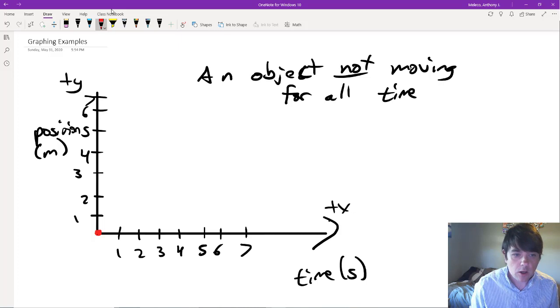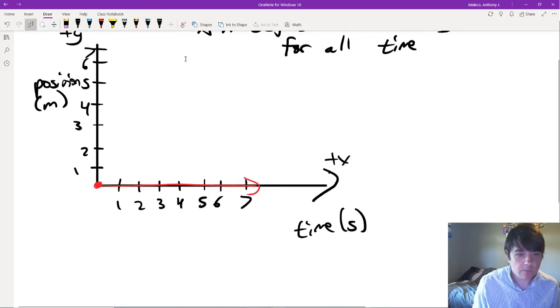If it were changing from 1 to 5, we would have it go up as a line over the elapsed time it would take to do that. But for us, we're not moving at all. So for all time, we're remaining at 0 position, which is where we're at. We're just going to do it like that, okay?